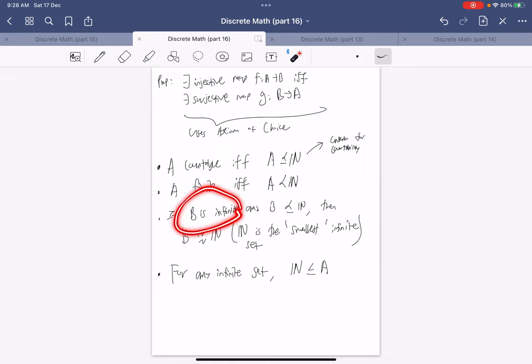And if B is infinite and B is less than or equal to N, then B must be equinumerous to N. And so you can say that N is the smallest infinite set in that case. And so by taking the contrapositive of this and using this result, we can say that for any infinite set, it will be larger than or equal to N. And so N in this case is still the smallest infinite set.